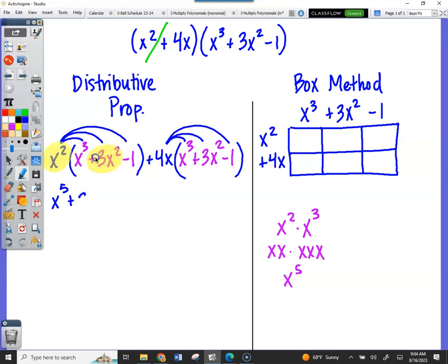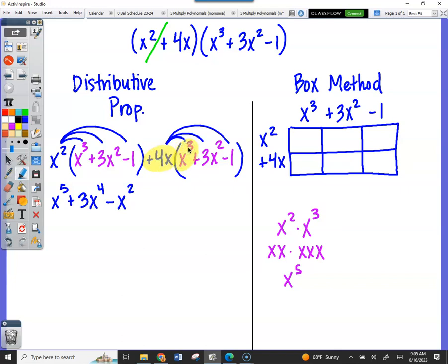X squared times 3x squared. 3x to the fourth. X squared times -1. What'd you get? -1, you don't have to write 1, you can if you want to. -1x squared, very good.